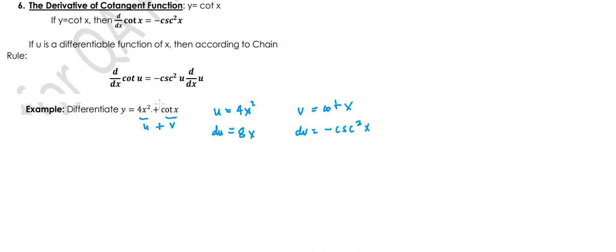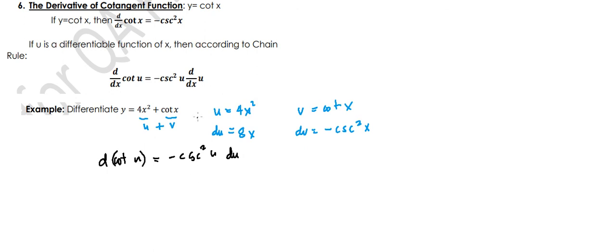Alright. Now we will just substitute these values to our formula. We have the derivative of cotangent u is equal to negative cosecant squared u du. Sorry.